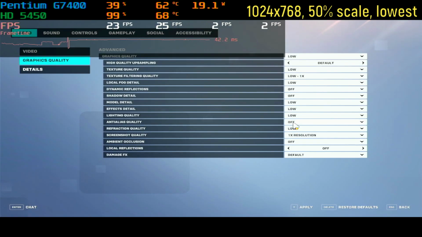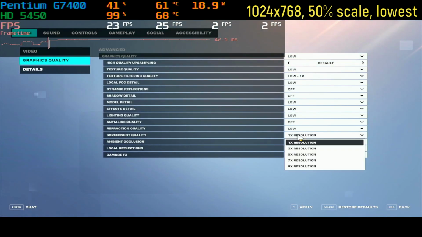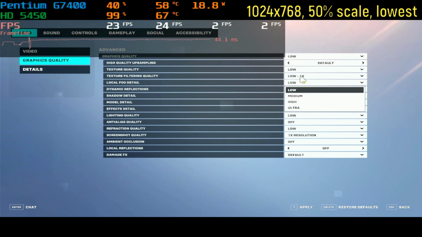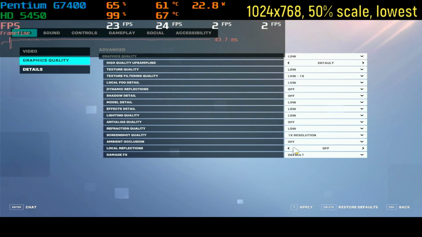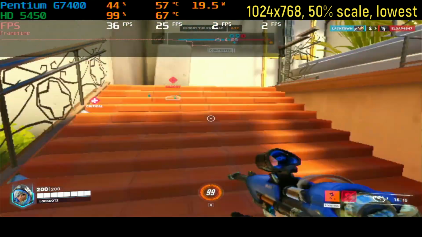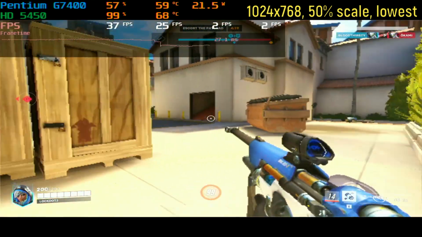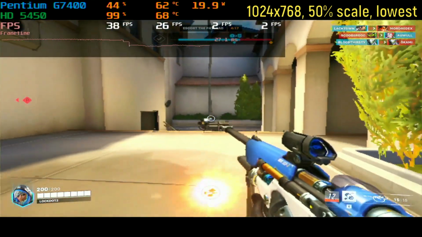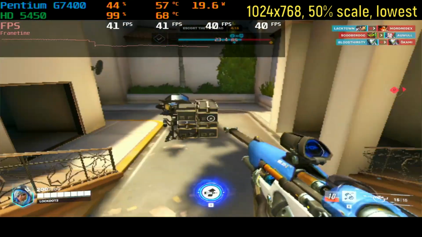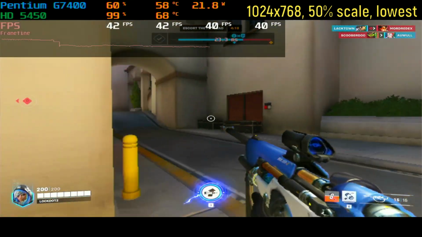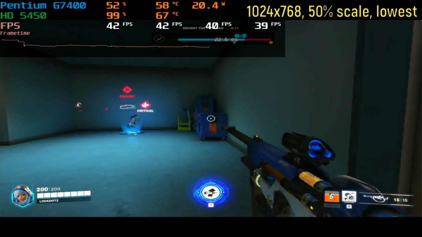Then I remembered from watching a Z-Worms gaming video on Overwatch 2 with the GT710 that the low preset isn't actually the lowest settings. You can actually go over and disable a few more different settings like anti-aliasing, for example, and by doing that and disabling every single setting possible in the graphics settings, I was getting actually a significant amount more FPS.